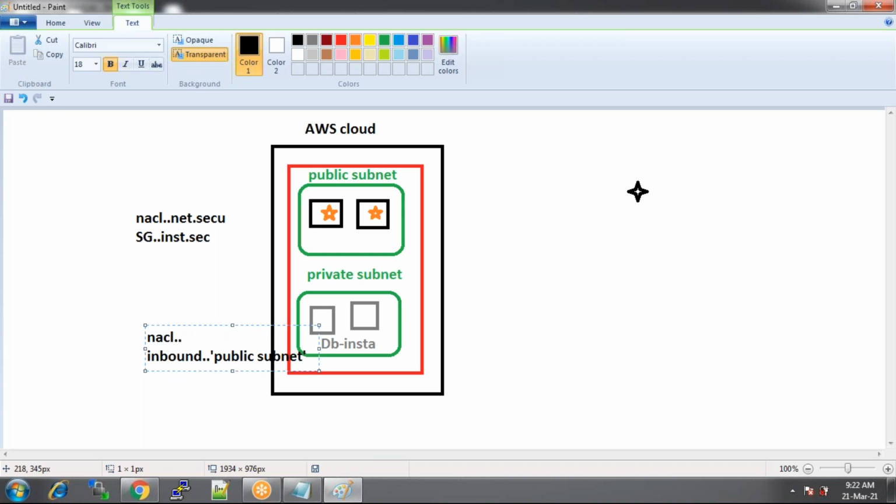So the inbound rule of the private subnet is only the public subnet. That means databases in your private subnet accept only public subnet requests, not any other type of request.